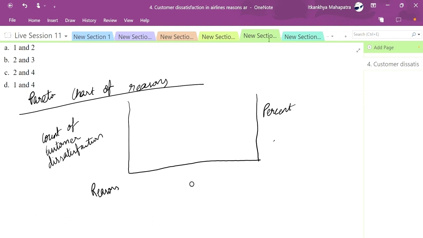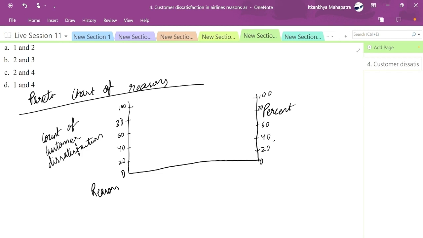Let's distribute it into divisions: 20, 40, 60, 80, 100. Same on this side: 20, 40, 60, 80, 100.